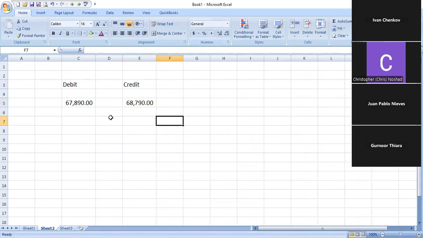As you can see, the amounts are different. They're very close, but they're different. So what's happening is that there's a flipped number.